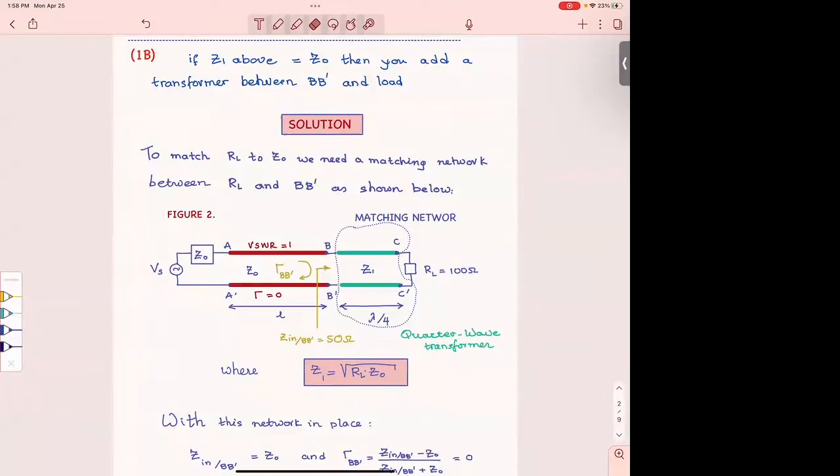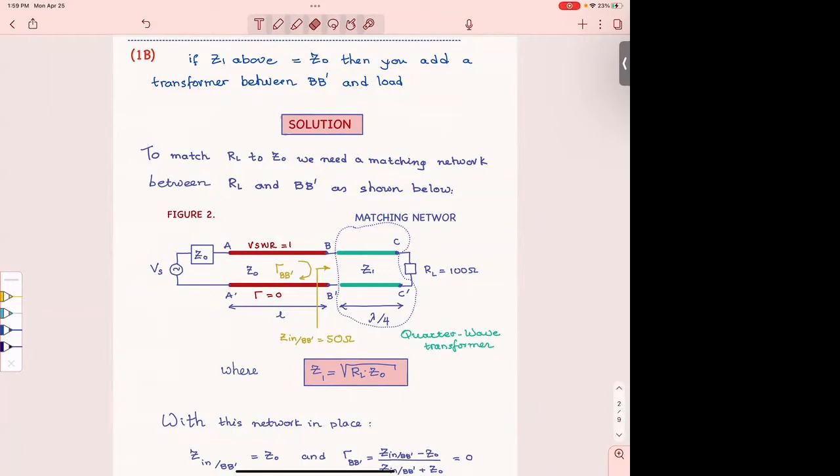Why is that? Because even if I have a section of a line, to match to my source and the line is part of it, I have to transform this 100 ohm load to 50 ohms here at BB prime. Because if my load there becomes 50 ohms, then my reflection coefficient on this line becomes 0 at BB prime.